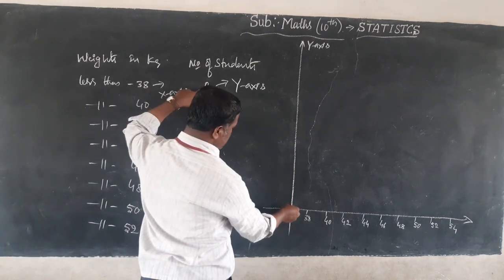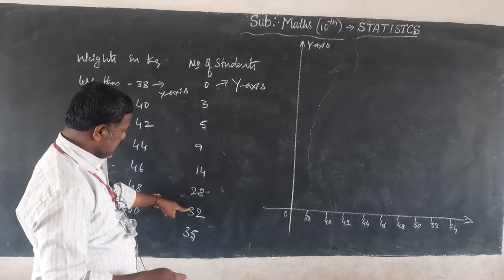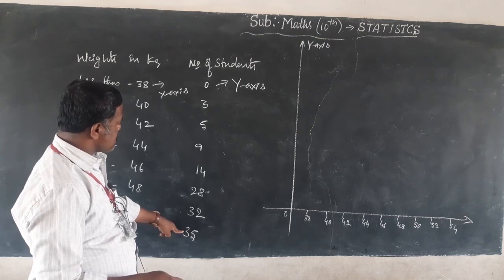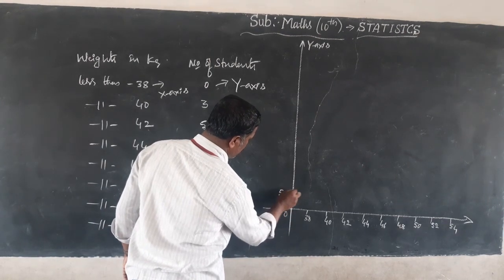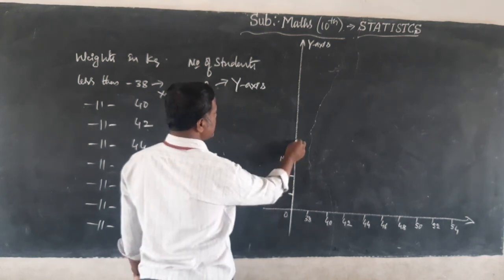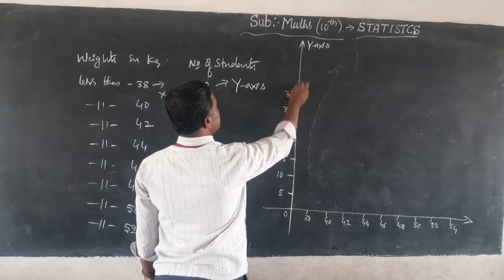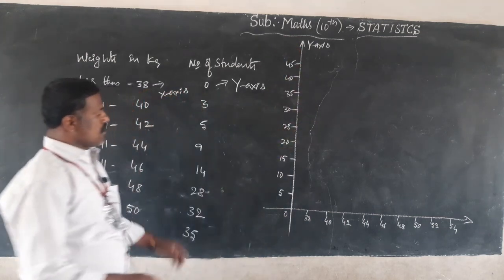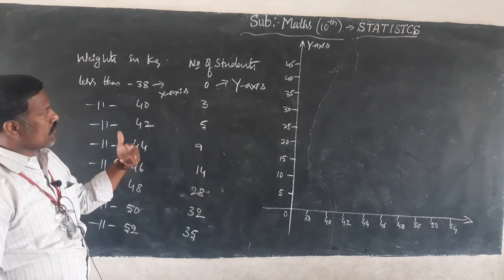Children, here you will get 3, 5, 9, 14, 28, 32, 35. So better you take 5, 10, 15, 20, 25, 30, 35, 40, 45.